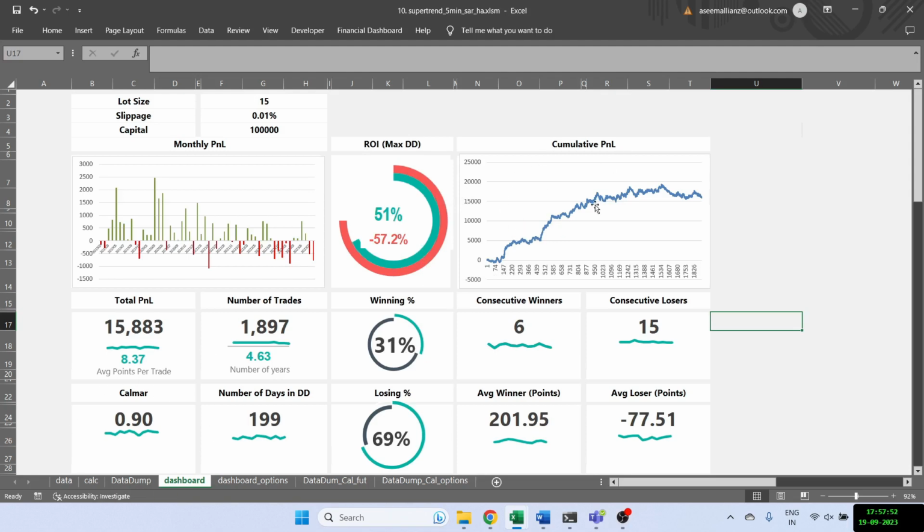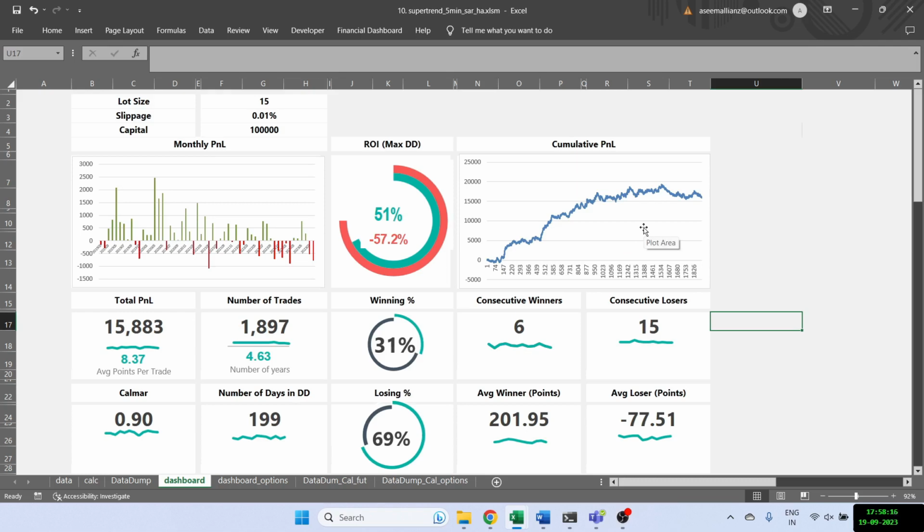If you notice the cumulative PNL here, the last 1.5 years has been really bad, right? Because it's almost flat. That means we are not really making profit, and it has a really long drawdown phase, almost 200 days. So with 7 months of drawdown, it's extremely hard to trade a strategy. It's probably the low VIX environment, and that might change.